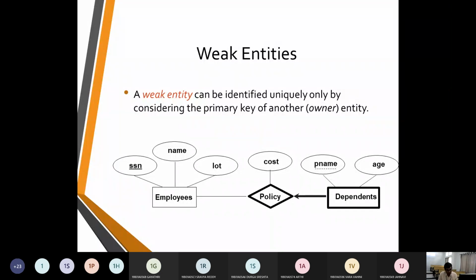We are extending from participating constraints to a new word called weak entities.